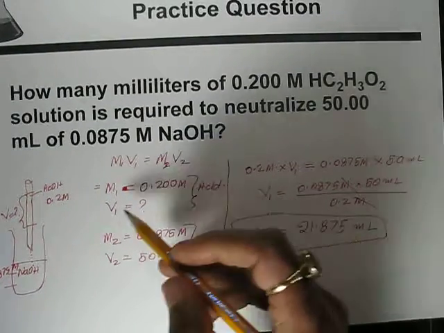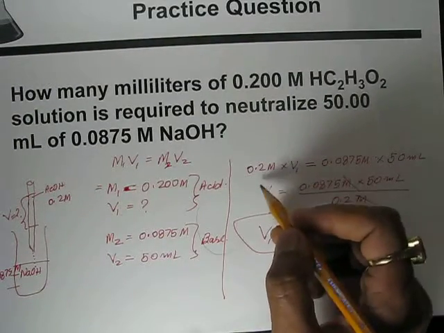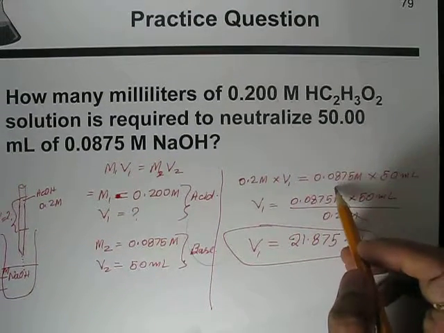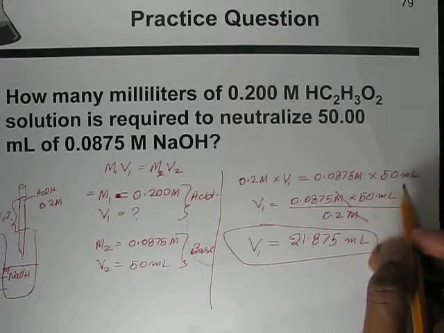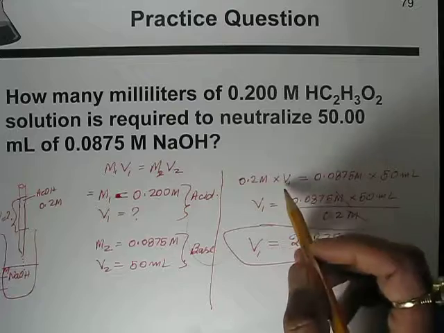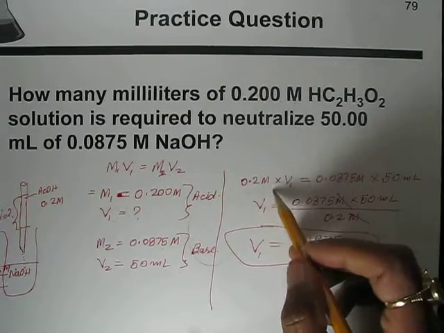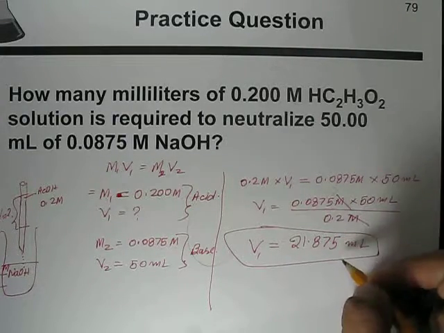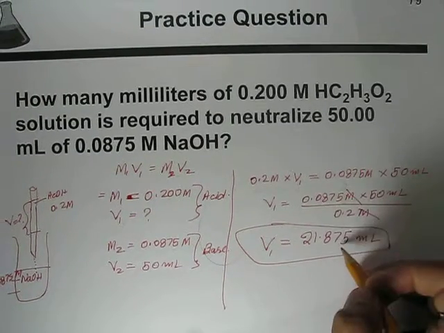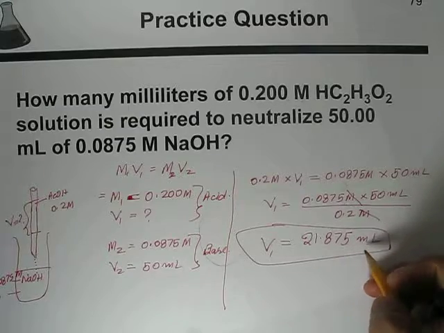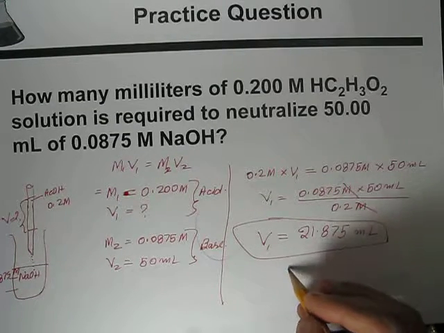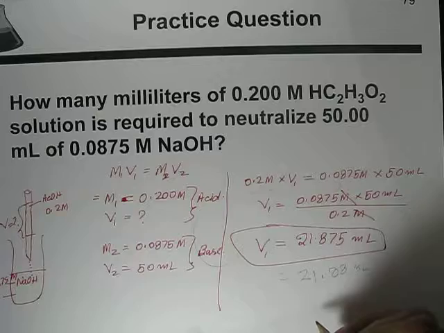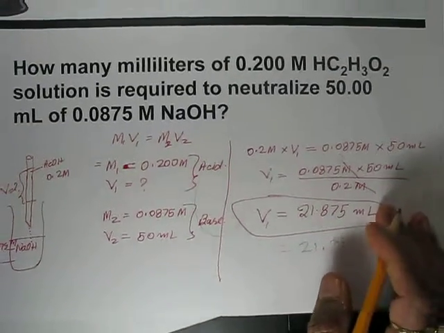M1 V1 is equal to M2 V2, so we have to find V1. V1 will be equal to the molarity of NaOH multiplied by the volume of NaOH, divided by 0.2 molar of the acid. So this value will go at the bottom, at the denominator, and the molarity will cancel out, and once you calculate these values, 21.875 ml of volume will come, or we can also write it as 21.88 ml of acetic acid will be required.